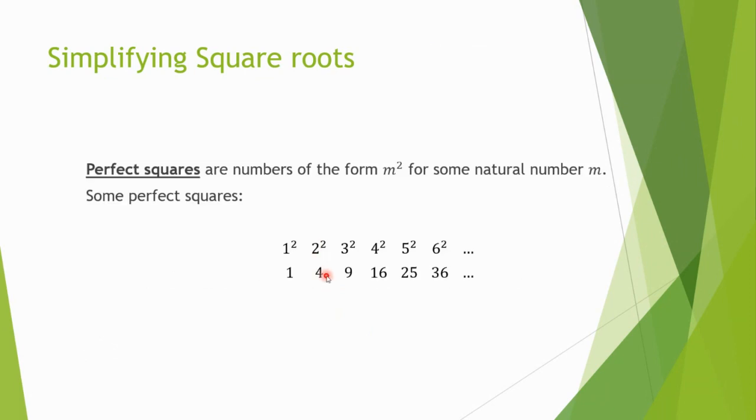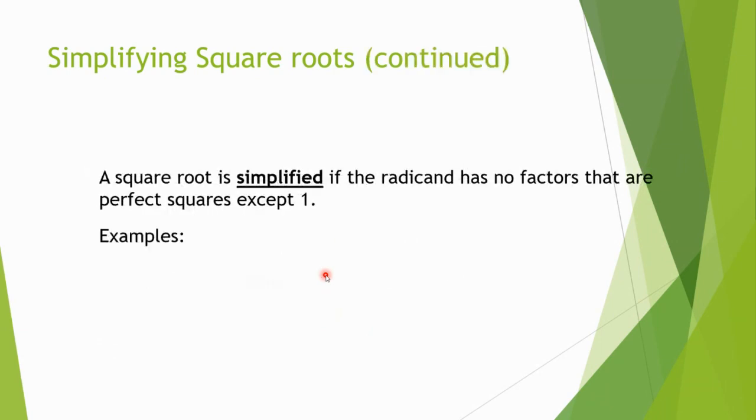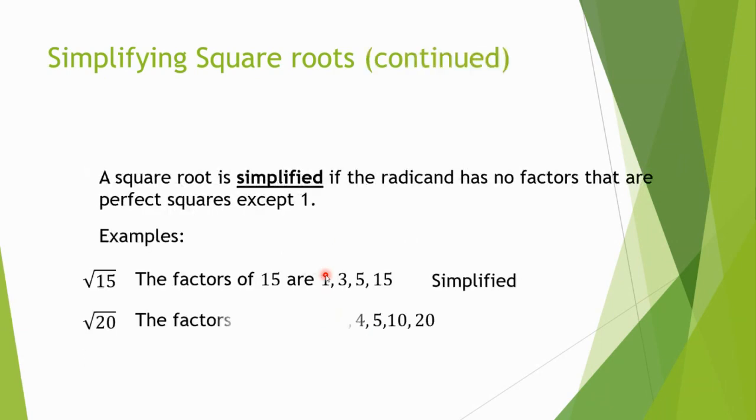So 4 is a perfect square, and that tells us 20 has a factor besides 1 that's a perfect square. 1 and 4 are the only perfect squares here. But this is not simplified then.